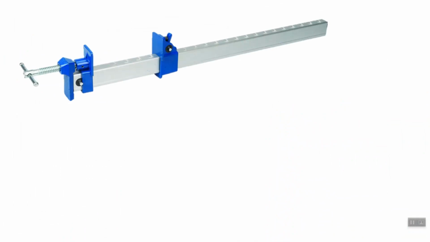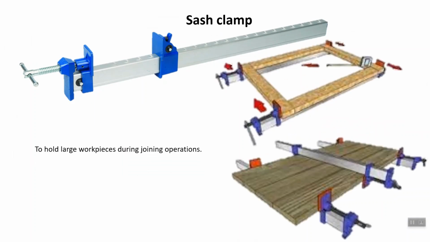Then you have the sash clamp. The sash clamp is like a G clamp, but it is very long. It is up to 1 meter to 2 meters. You can have a sash clamp of 2 meters also. It is used to hold large workpieces during joining operations.